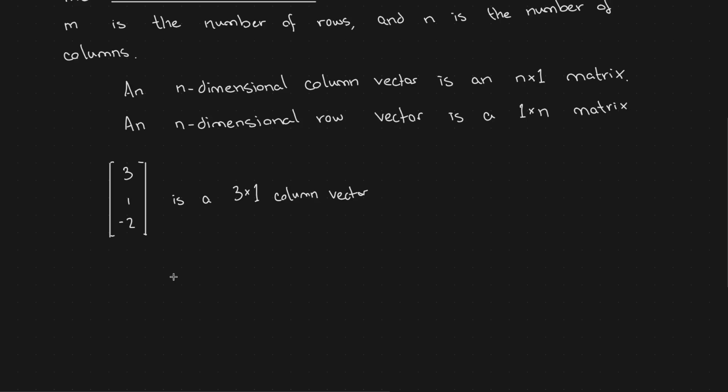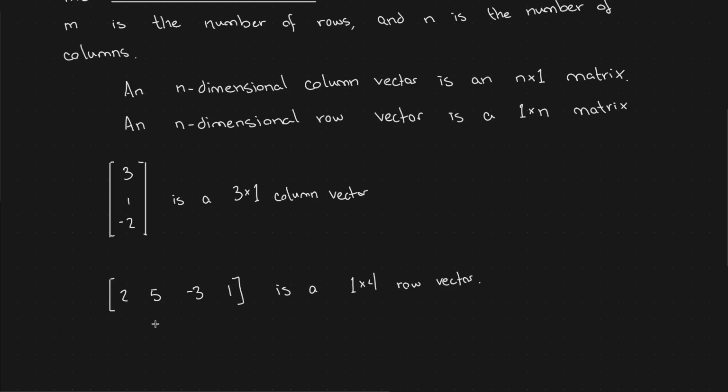On the other hand, 2, 5, -3, 1 is a 1 by 4 row vector. It has just one row and 4 columns. Okay, so a vector in this sense is a matrix where either it has only one row or only one column.